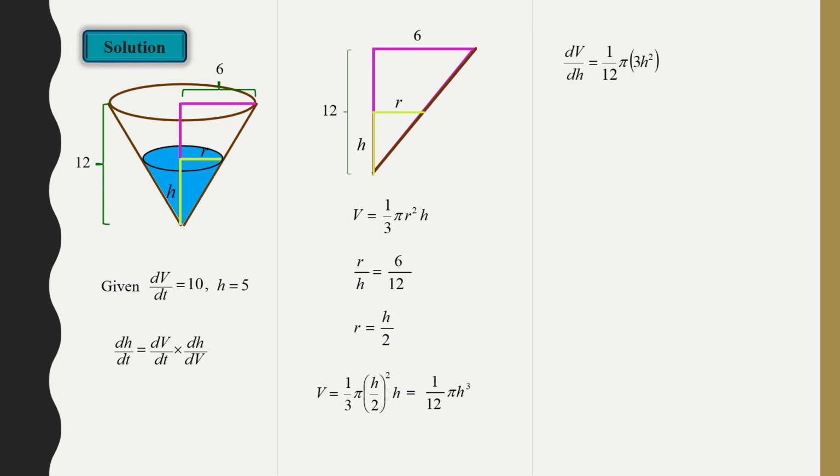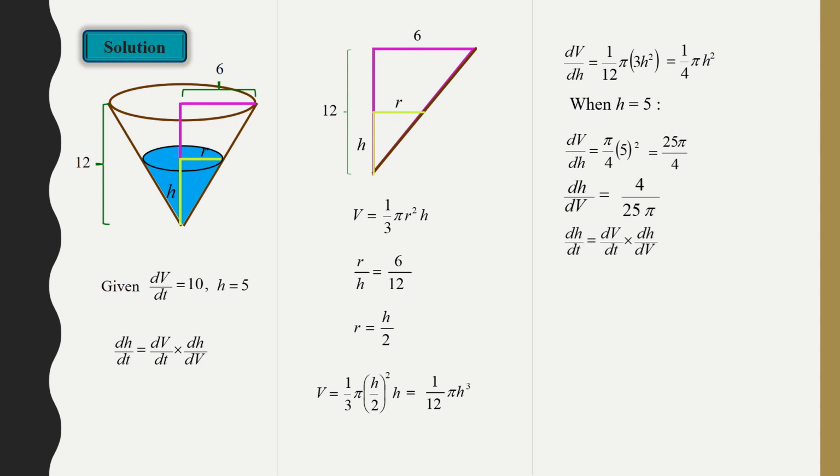So then we can differentiate V in terms of H. We get dV/dH equals 1 over 12 pi multiplied by 3H squared. So dV/dH is 1 over 4 pi H squared. After that, we substitute into dH/dt.